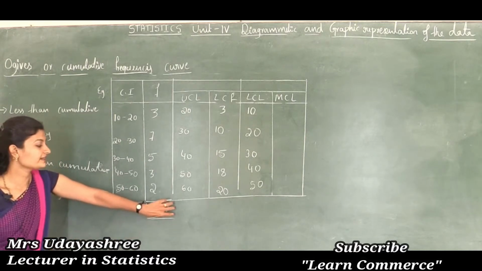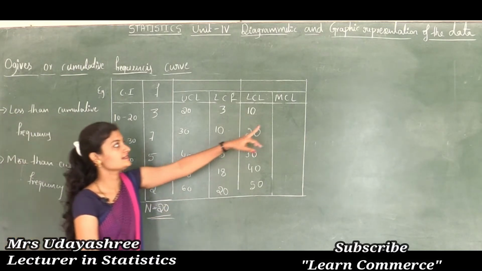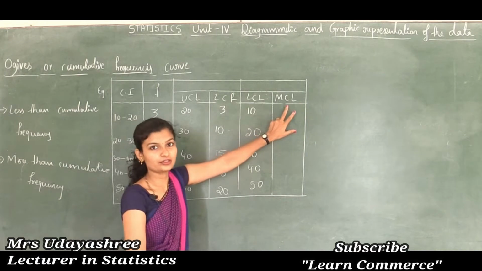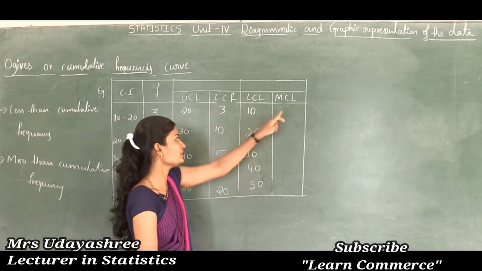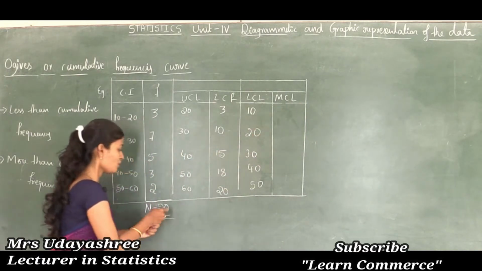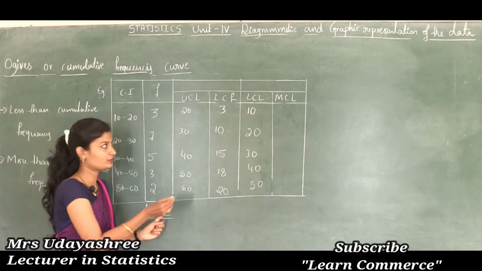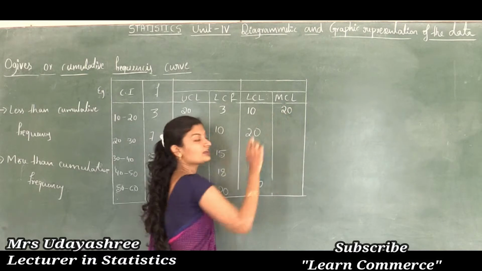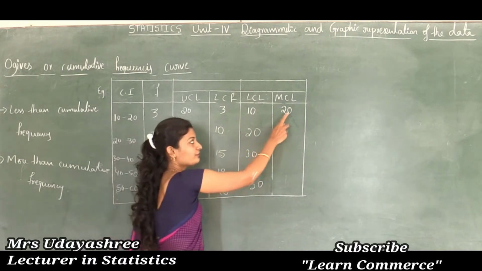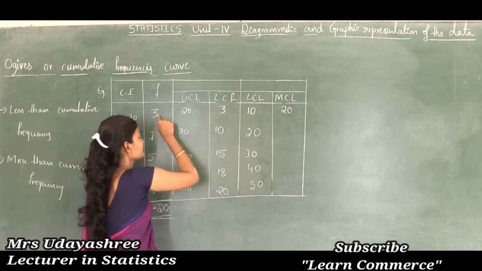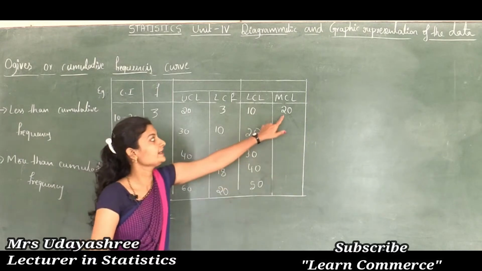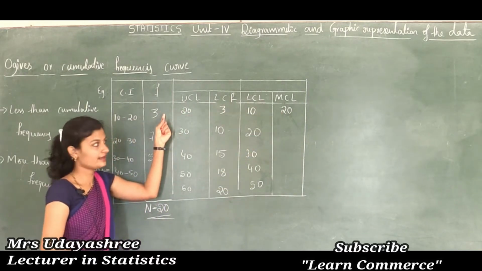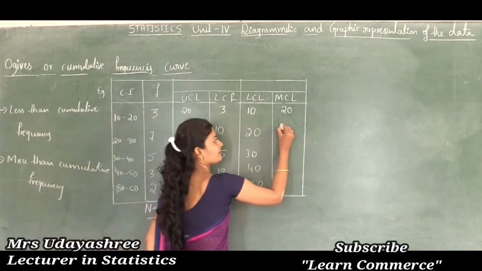Next, I will write this 20 as it is in the more than cumulative frequency. The first observation in the more than cumulative frequency is the total frequency, so I write 20. After that, from this 20 I subtract this 3: 20 minus 3 is 17.